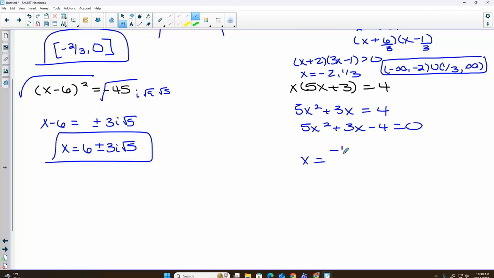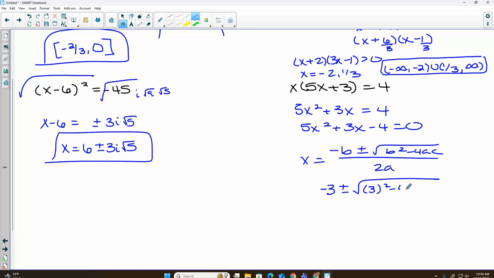So you have to know this, opposite of b plus or minus the square root, b squared minus 4ac all over 2a. So the opposite of b will give us negative 3, plus or minus the square root, 3 squared minus 4 times 5 times negative 4.